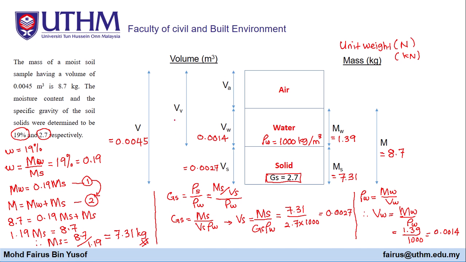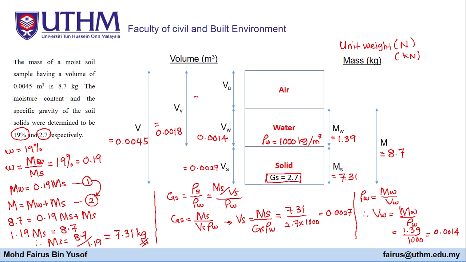Okay, and then here, you know that the total volume is 0.045, then you know Vs equal to 0.027, then you can calculate the volume of voids, Vv, where Vv equal to V minus Vs. Then you calculate and you get the value 0.018. And then after that, you can also calculate the volume of air, because you know VA equal to VV minus VW, right?